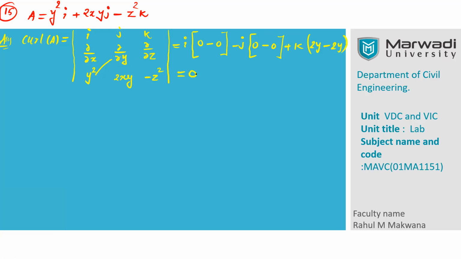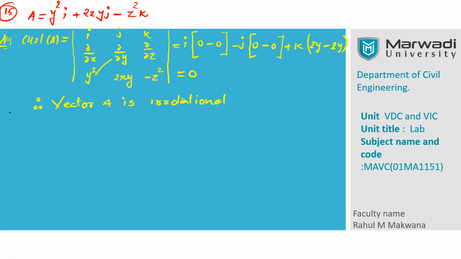So this is 0, and such that vector A is irrotational.